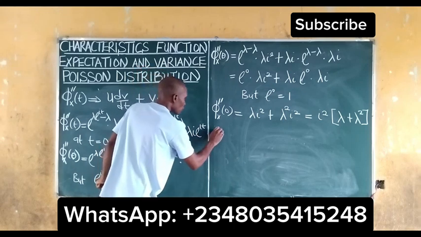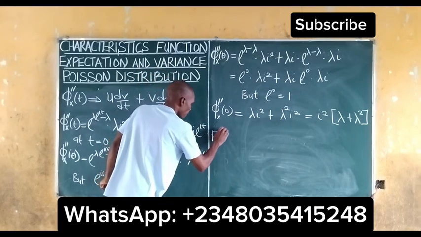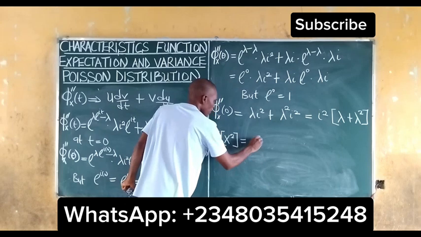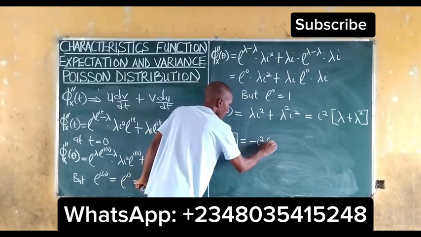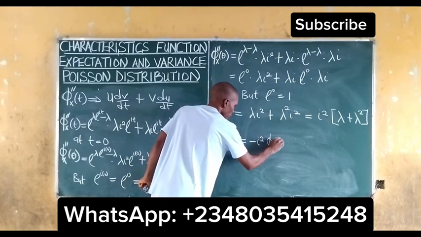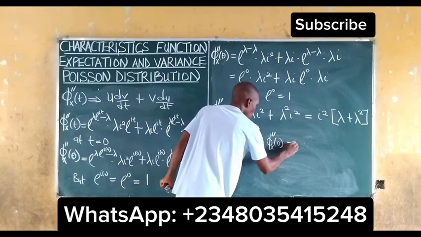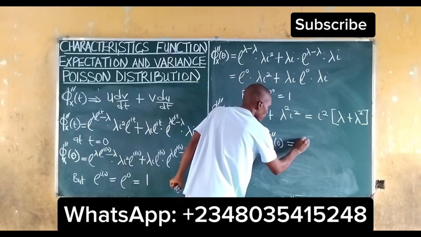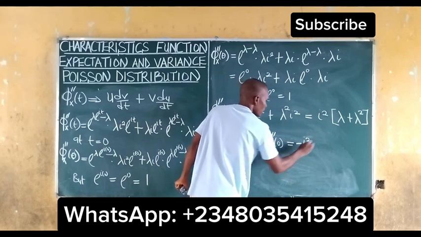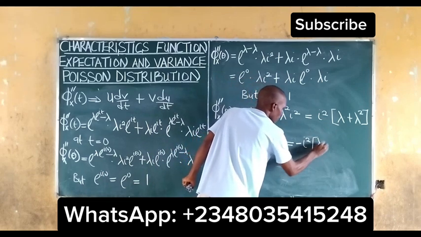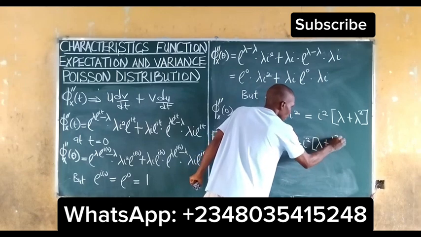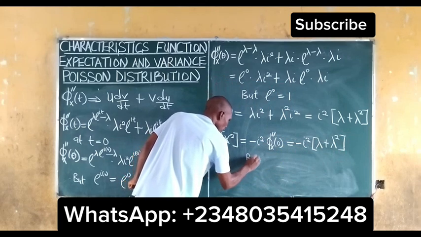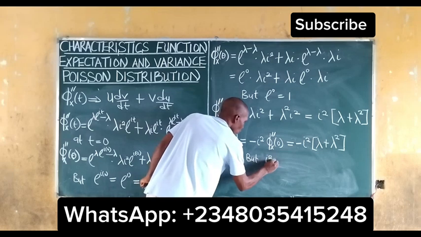It then means that we can now write our expected value of x squared, which is equal to negative i squared, our characteristic function, to be equal to, because of this negative sign, we put it here, we have negative i squared into lambda plus lambda squared. So how do we compute this? We recall that i squared is equal to negative 1.